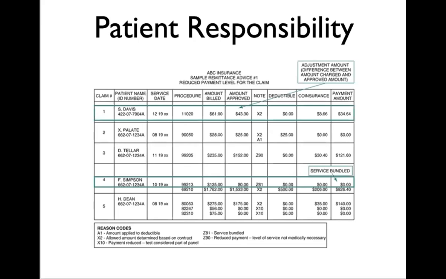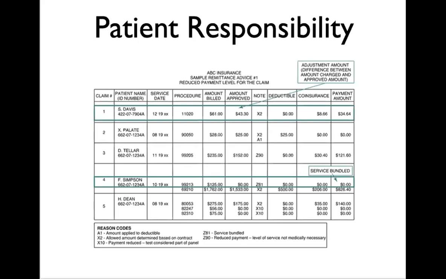The patient gets the explanation of benefits and we get the remittance advice. To help you conceptualize it, think of it like a check stub, because it shows us all the patients that we have submitted claims for and what they have paid or did not pay.